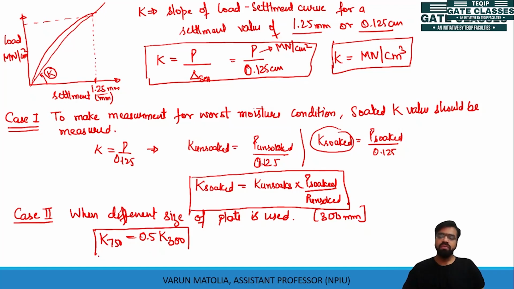If you have a 300 plate, the value of modulus of subgrade reaction at 300 plate, you can multiply it by 0.5 and calculate the value of subgrade reaction for 750. This is a relationship given by IRC, Indian Roads Congress Code.